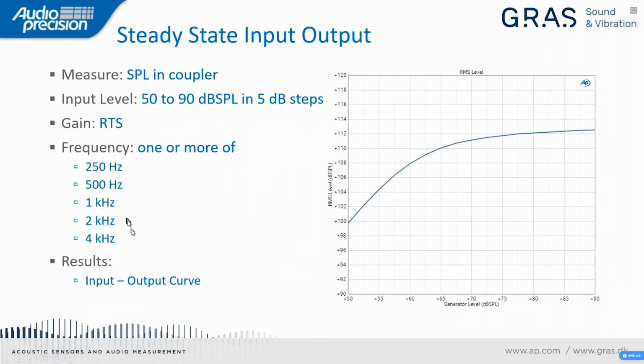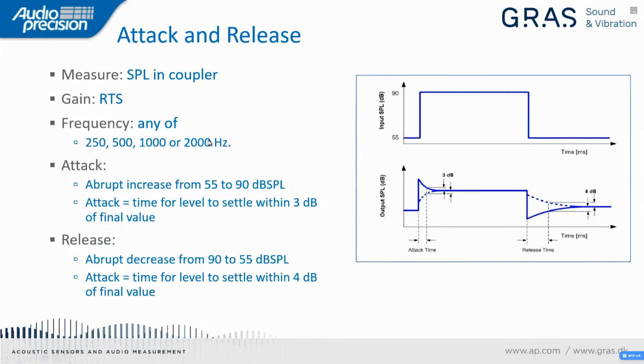Another metric for hearing aids with automatic gain control is called attack and release. Here, again, we're generating a sine signal at any of the 4 frequencies indicated: 250, 500, 1K, or 2K. We abruptly increase the level from 55 dBSPL to 90 dBSPL. That's the input signal.